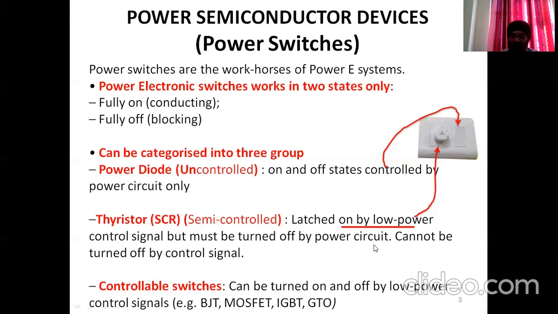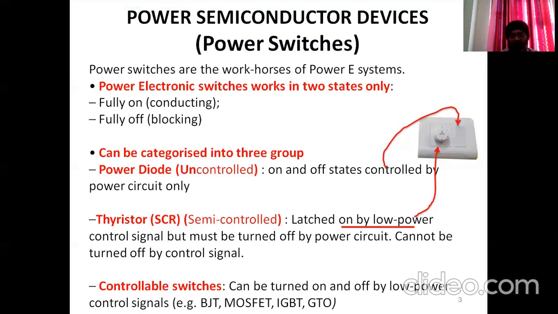Now fully controllable switches, where we can control the turning on of these switches as well as the turning off. Examples are the bipolar junction transistor, BJT, metal oxide semiconductor field effect transistor, MOSFET, insulated gate bipolar transistor, IGBT, gate turn-off thyristors, GTOs, and so on.